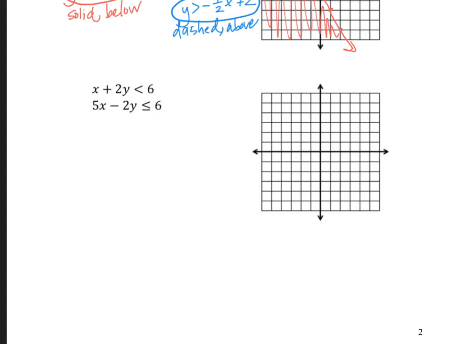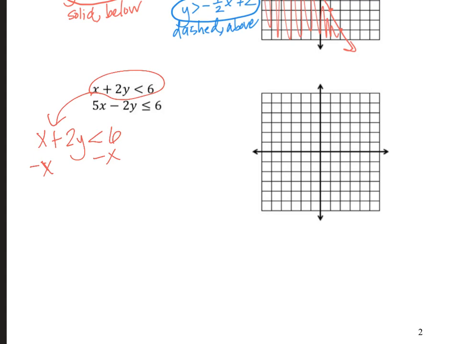All right, so let's do another one like this where we have to move it around a bit and put it in slope-intercept form. So my first inequality is right here. I'm going to rewrite it. So when I rewrite it, I subtract the x, subtract the x.